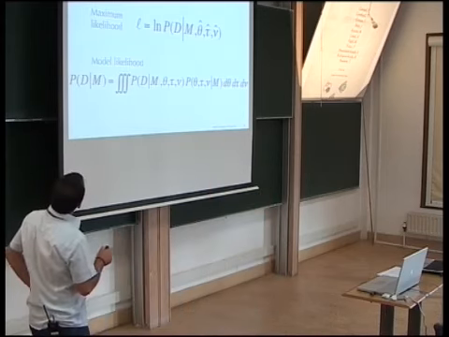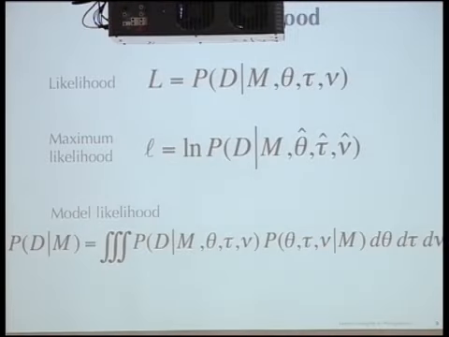Normally, if we are worried just about the models, the other parameters are nuisance parameters, and to get rid of them, we either maximize, using the maximum likelihood estimates, or we integrate. This is the model likelihood in Bayesian settings: we integrate over all possible values of the other parameters that are not interesting to us. And the maximization is for the maximum likelihood kind of settings.